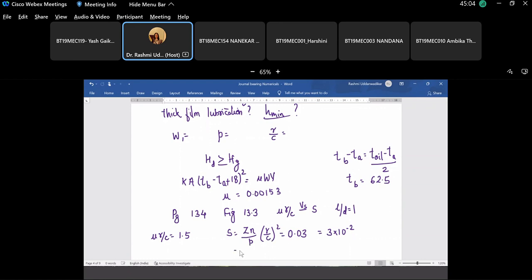So give me the value of Z. So Ameya, do you agree it is not 0.02, it is 0.03? Okay. Give me the value for Z.